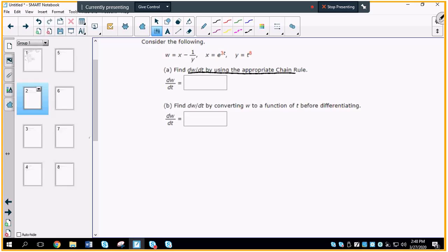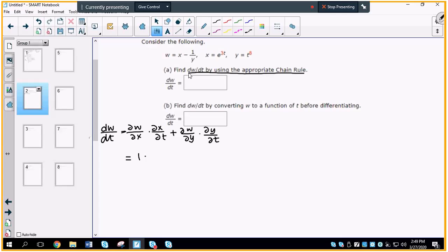So it's like the last one we have done. You will say dw dt, the total derivative, is equal to del w del x times del x del t plus del w del y times del y del t. Look at w, differentiate with respect to x, you get 1.